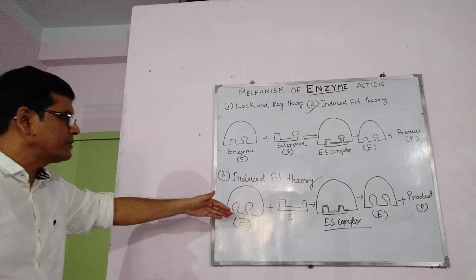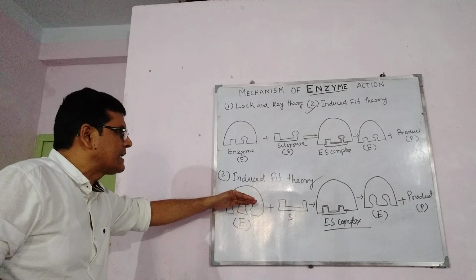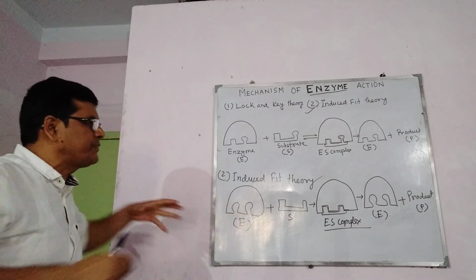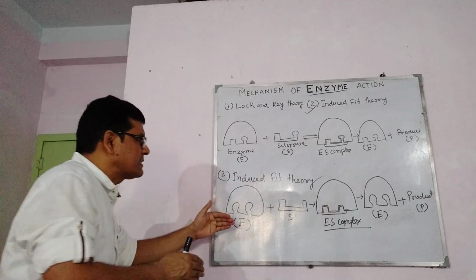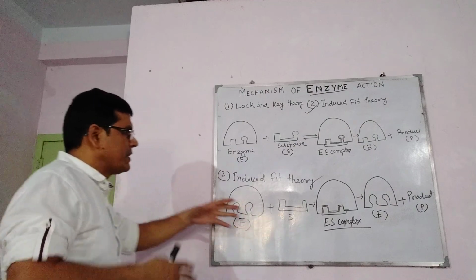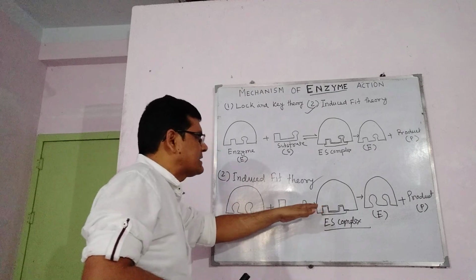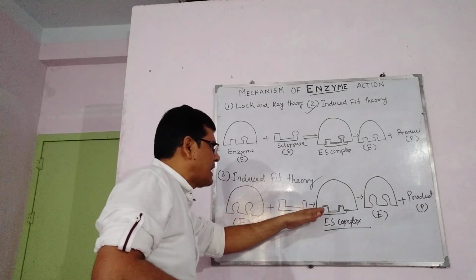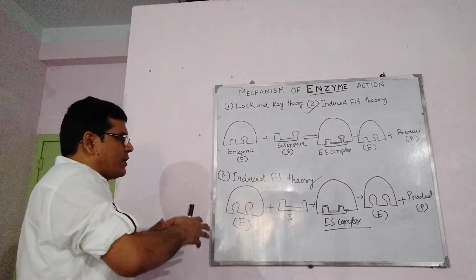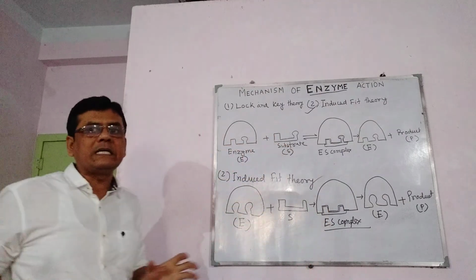This induced fit theory was proposed by Koshland. In this case, the active site of the enzyme is not predetermined. In this induced fit model, the substrate induces a conformational change. Here you can see the conformational change in the enzyme site. According to this theory, the catalytic sites of some enzymes are not rigid.